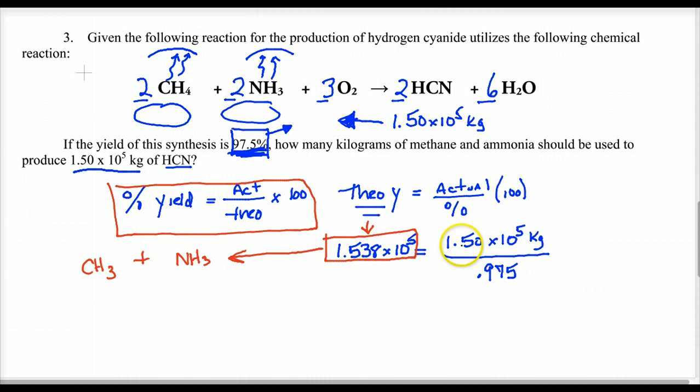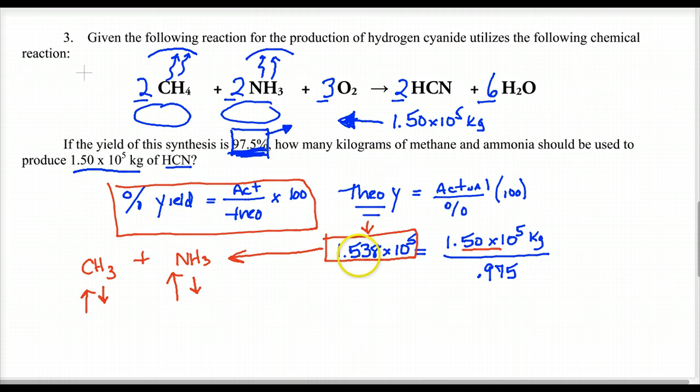Now, why can't we start with the actual? If I start with this number, which is the actual, and go backwards, these values would be smaller. As I just pointed out and made that mistake, they'd be underestimated. We need more of them to make that extra 0.038 theoretically.